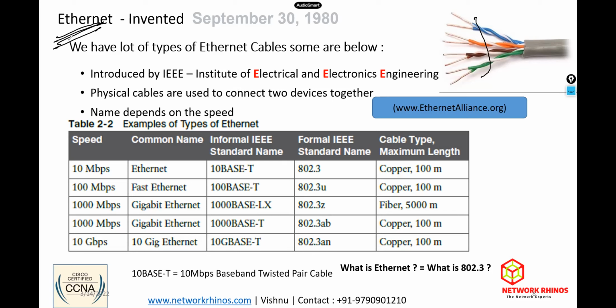Ethernet was introduced by IEEE, the Institute of Electrical and Electronics Engineers. Ethernet cables are the physical cables used to connect 2 or more devices together. The first ever cable introduced by IEEE was named Ethernet, which is the same name as the technology name.